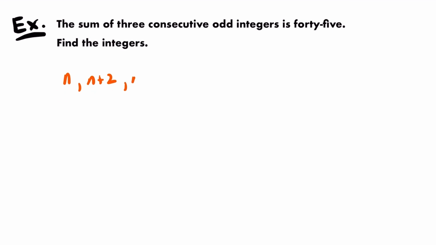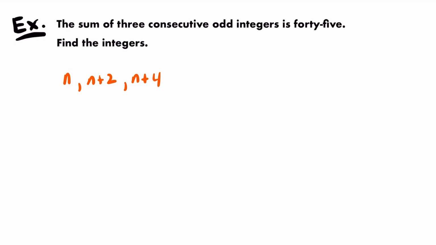And then the third one would be n plus 2 plus another 2. But 2 plus 2 is 4. So that's how we get n plus 4 as the third and final consecutive odd integer, okay? And once again, we are assuming that n, that unknown number, is odd itself, all right? So those are the 3 numbers that we're trying to look for here. Those are our 3 consecutive odd integers.